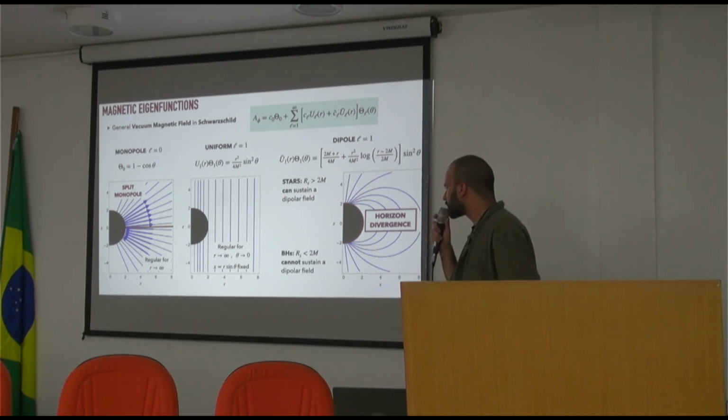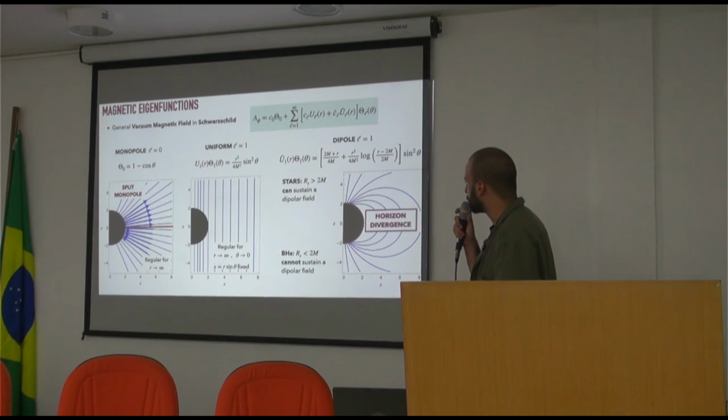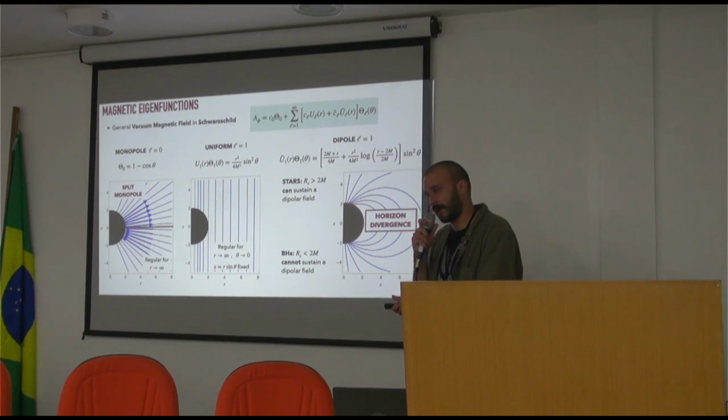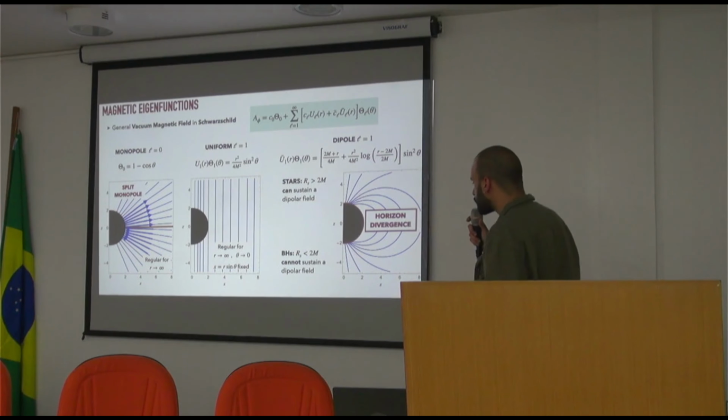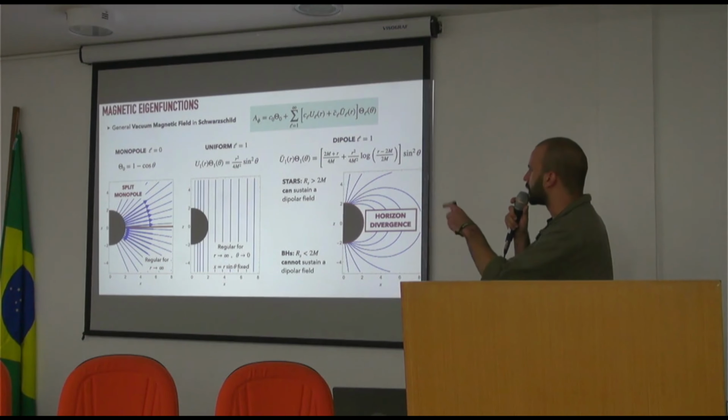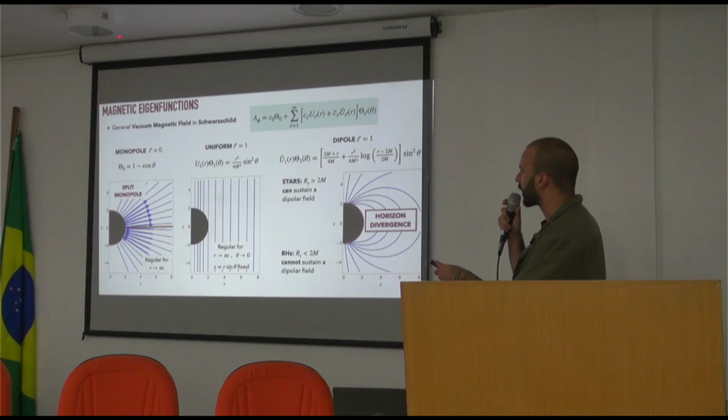So this is something important to remember, because one might think that this is the most natural field to consider in astrophysics, and probably it is not. I mean, definitely it is not for black holes. So this is just a parenthetical remark about how these magnetic eigenfunctions work.